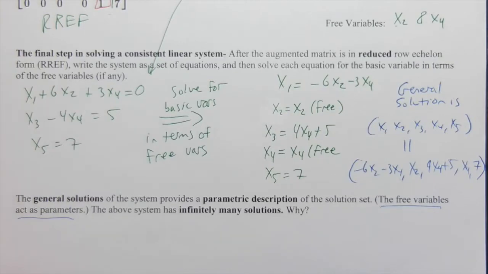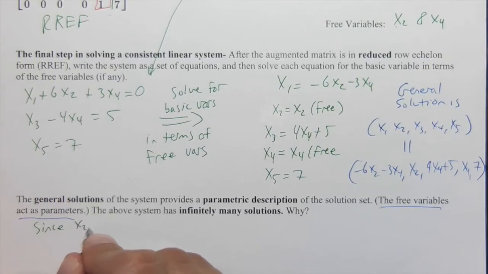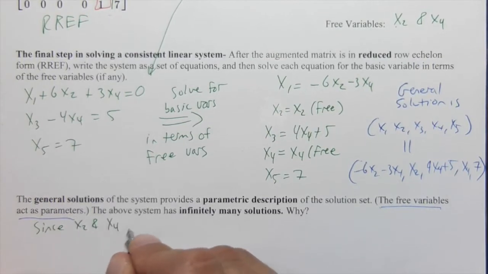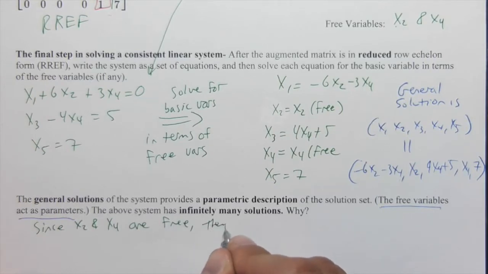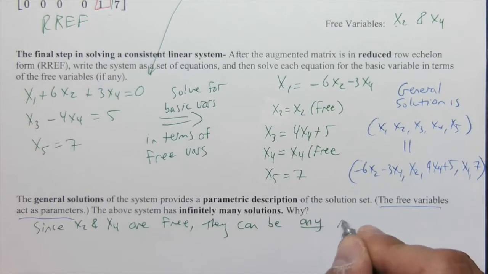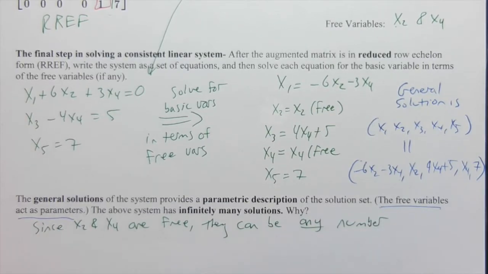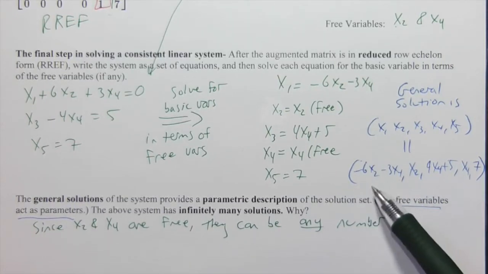So let's write that down. So the idea is that since x2 and x4 are free variables, that means they can be any number. So let's just show a couple specific solutions. So this is the general solution because it has the free variables in there. If we want a specific solution, we just plug numbers into x2 and x4.